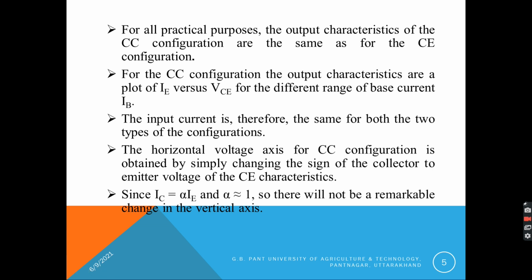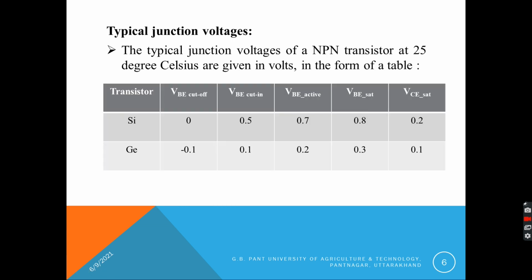This table represents various typical junction voltages for NPN transistors, taken at 25 degrees Celsius, given in volts.